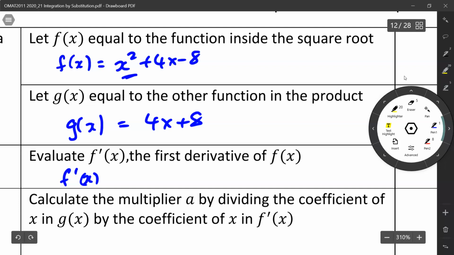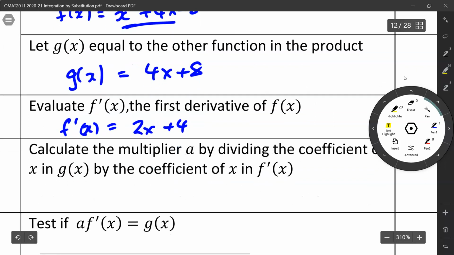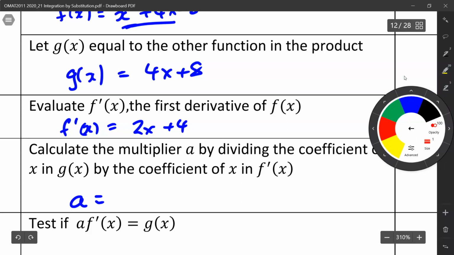So it's 2x plus 4, differentiating that one. Then to work out a, we divide the coefficient of x in g at x by the coefficient of x in the first derivative. So that gives me 4 divided by 2, which gives me 2.